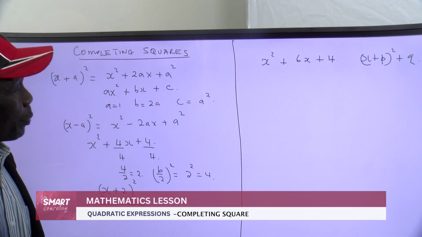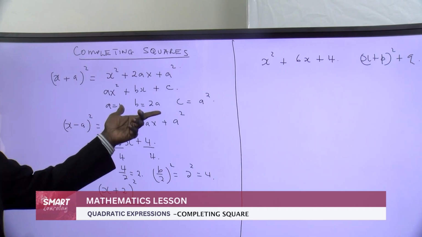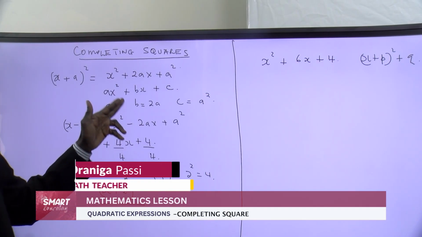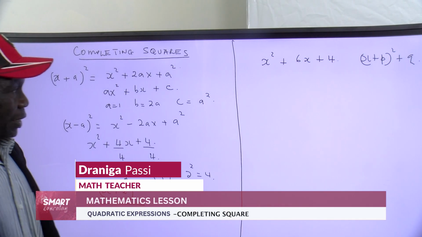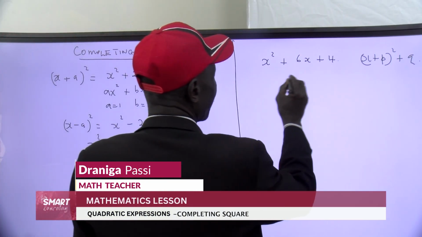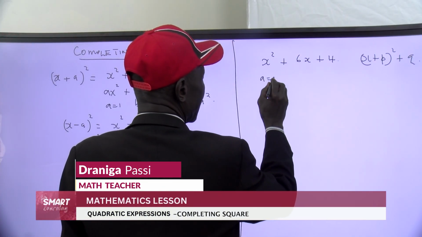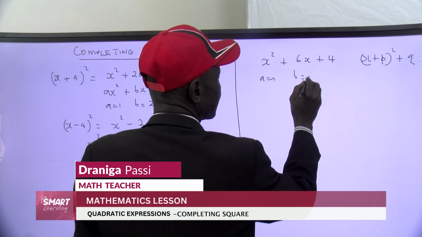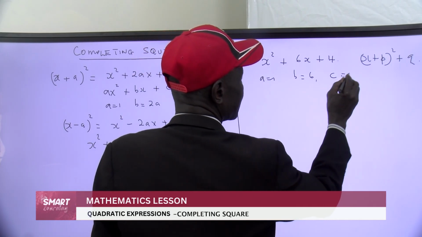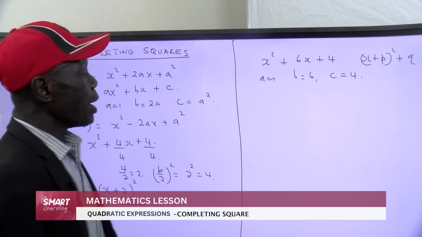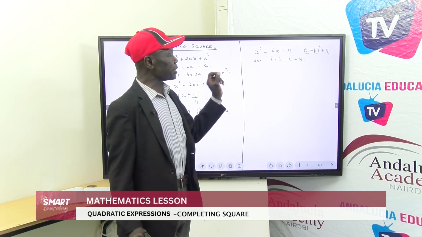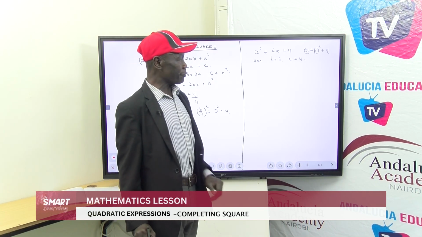How do we get our p? Let's borrow the fact that our b is twice the factor. So here, my a is 1, b is 6, and c is 4. I want to try and divide 6 by 2 so that I get my factor.